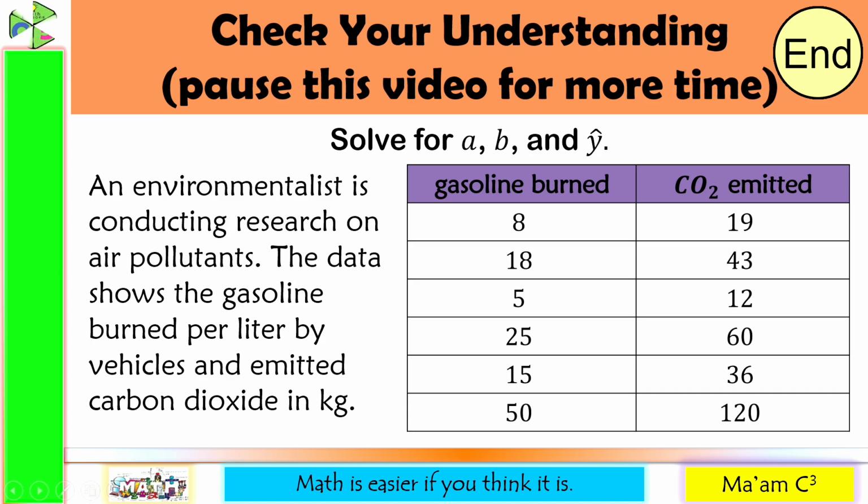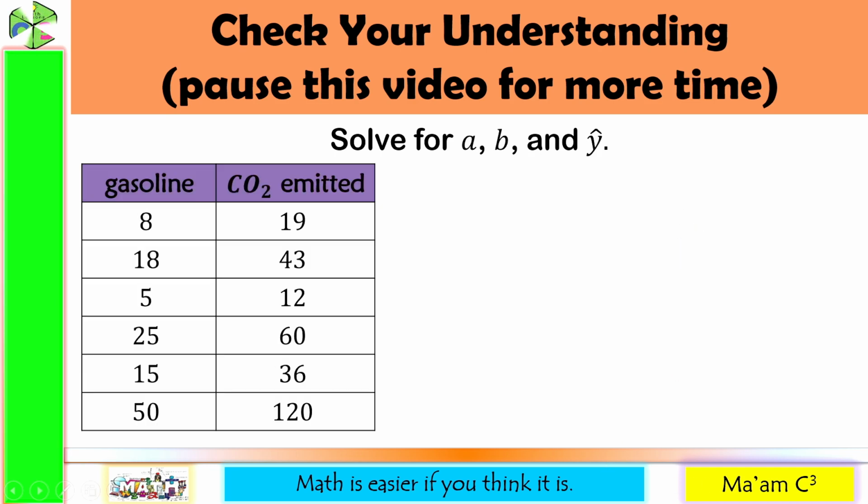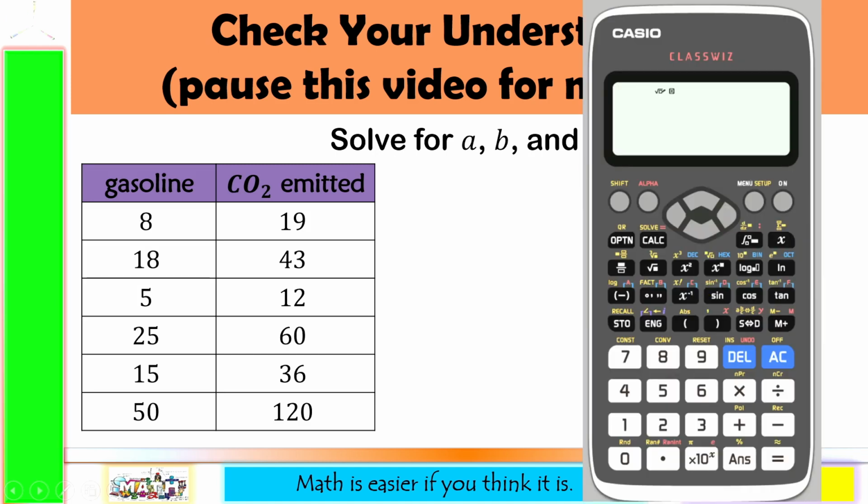The data shows the gasoline burned per liter by vehicles and emitted carbon dioxide in kilogram. Here is the gasoline burned and here is the carbon dioxide emitted. I am going to answer this using my calculator, and I want you to answer this by following the steps. And let's find out if we're going to have the same answer.